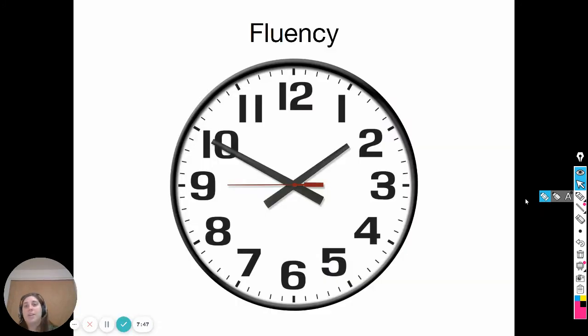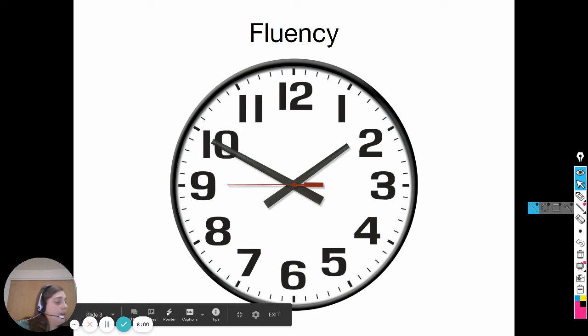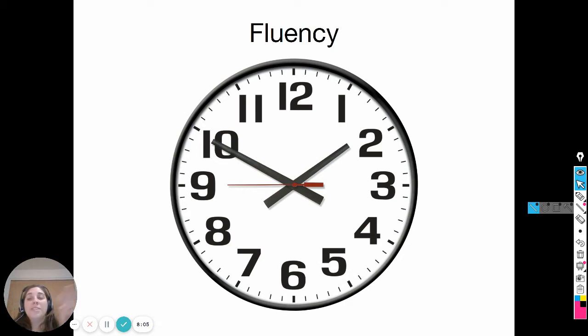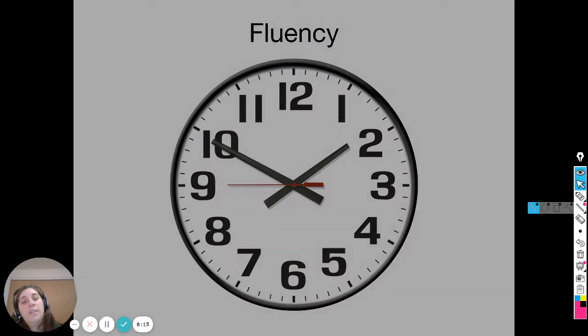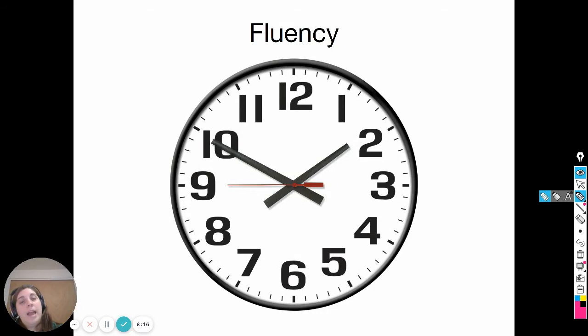Okay, this is our last one. Go ahead, message me and go Guardian with the time. Okay, so this one, it almost looks like our last clock, which was 10:10, except the hour and the minute hand have kind of switched. So this one, the hour hand actually is in front of the 2, which means it's still in that 1 o'clock range.